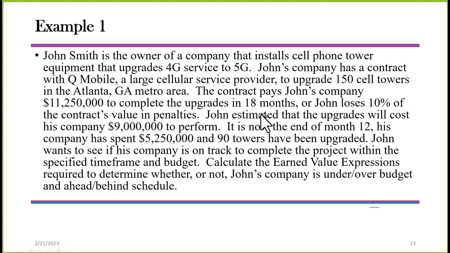And there's some risk involved here, because if we don't meet that 18-month schedule, then we're subject to a 10% penalty. John estimates that his company is going to require $9,000 worth of expenditures and costs to perform this project. We're in month 12. We have spent $5.25 million, and we've upgraded 90 towers. That's the type of information you have to collect to be able to do earned value analysis.